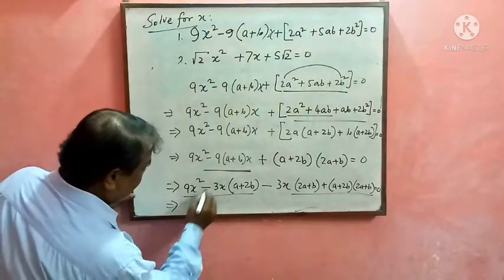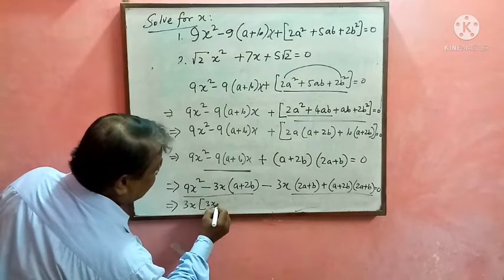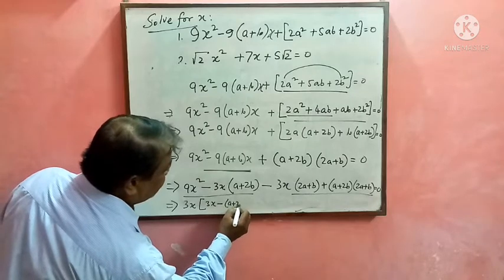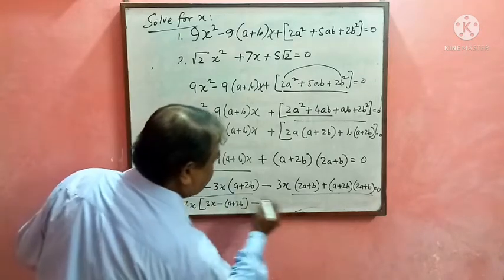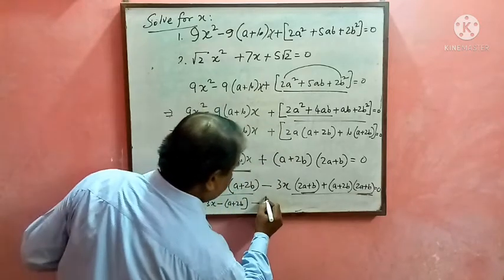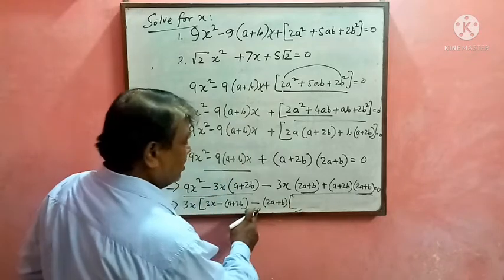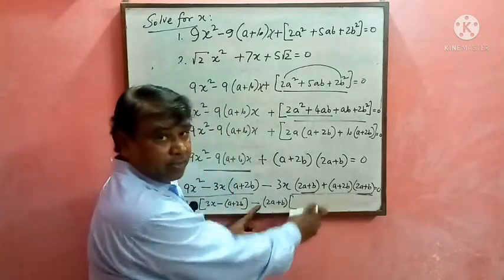I hope you will be satisfied with the common factor that you need. Here you take 3x. This is 3x minus a plus 2b, minus this one 2a plus b. Obviously take 2a plus b. Once you are taking minus common, you have to change the sign. Keep it in mind.